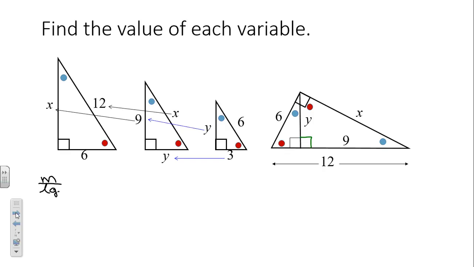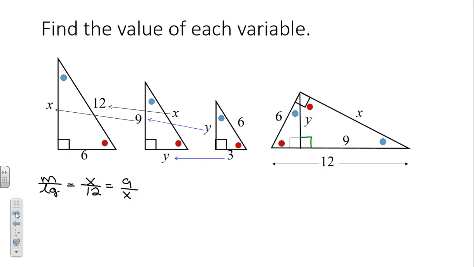Okay, so if we start with the hypotenuse of the medium, then we have to go to the hypotenuse of the large. And then if we go to the longer leg of the medium, then we have to go to the longer leg of the large. Looks like a geometric mean, doesn't it?